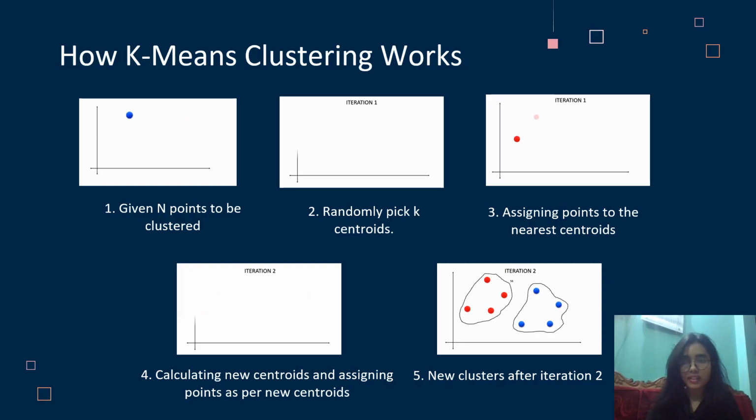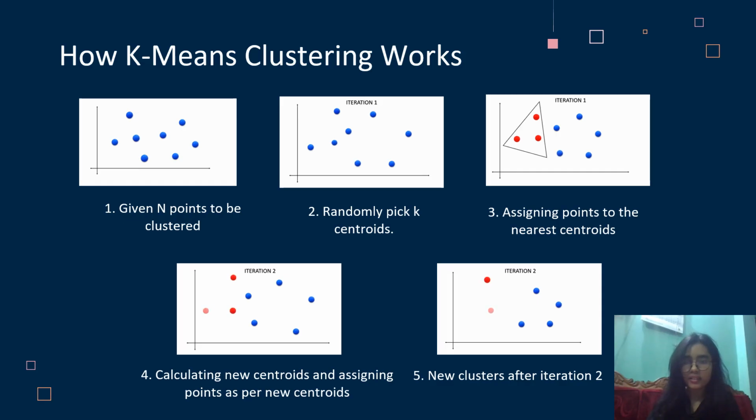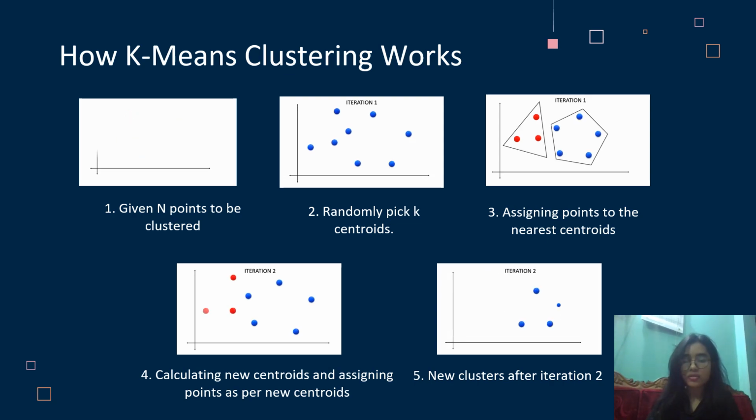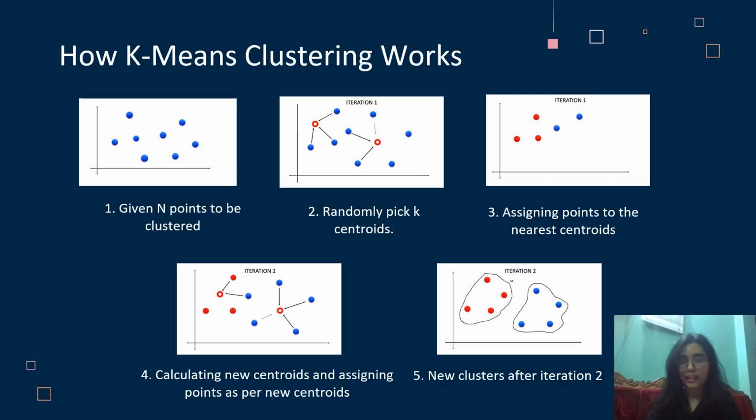As we can see from iteration 1, each data point is assigned to its nearest centroid and two clusters are constructed. Then we recalculate the centroids by taking the mean of all points in each cluster. This process repeats, assign and recalculate, until the centroids no longer move. This is how K-means finds stable clusters.